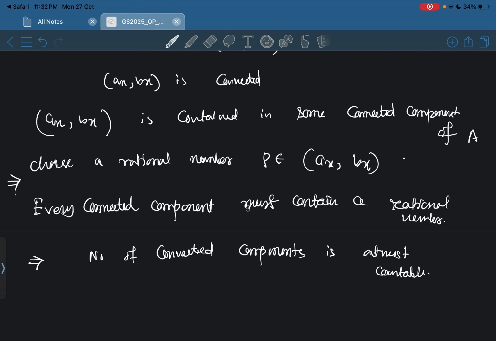But if it is not open, you cannot say anything, right? In particular, if you take the collection of all irrational numbers, then every singleton is a connected component, and the number of connected components must be uncountable. But since the irrational numbers are not open, that argument will not be true. Here the openness is quite important, so be careful, okay?